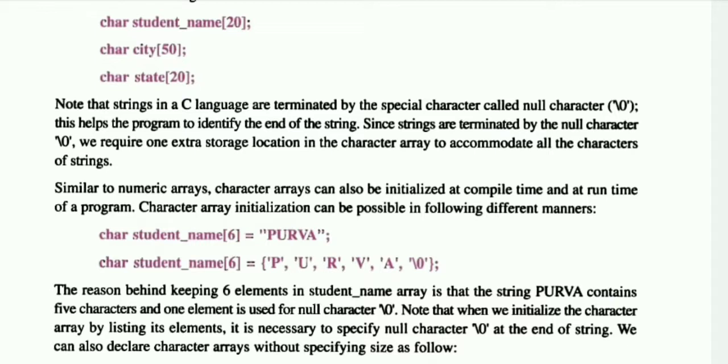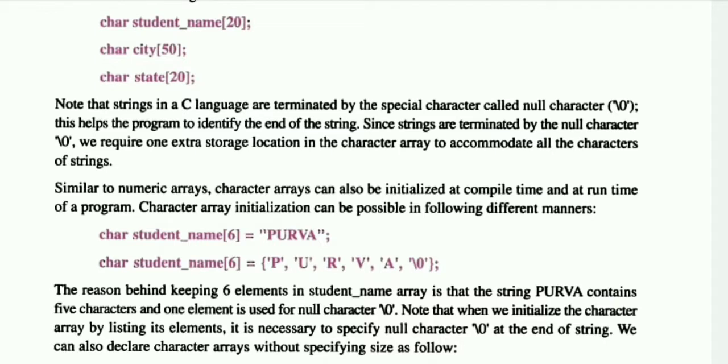There are two ways. Either you give the value in double quotation marks, writing your name together, which is the first method we have seen practically. Or, in the second, with char studentName and 6 written, you can give single characters in single quotation marks, separated by commas.